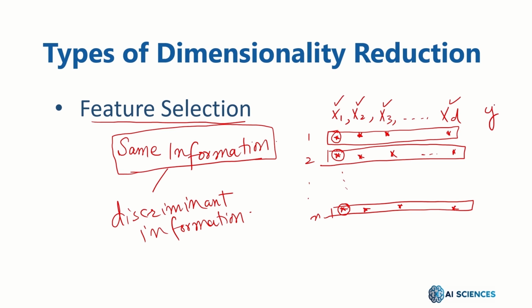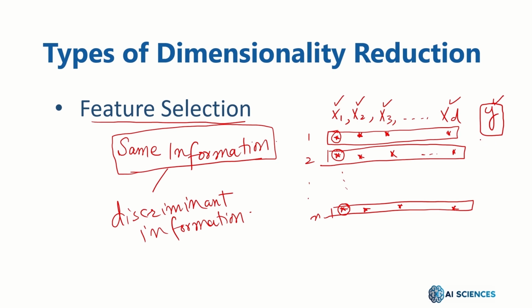Let's say Y is a class category. If this is a classification task, and we really want to use this data for classification, then the information we really want to retain is the discriminant information. What features are highly discriminative to describe the class, to discriminate among several classes?